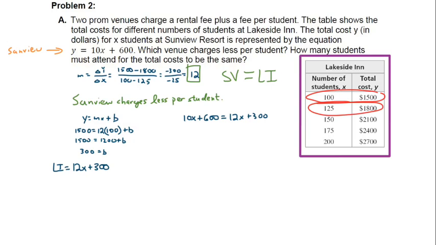I like to keep my x's positive, so I'll move my x's right. Subtract the 10x, and subtract the 300. So that's 300 equals 2x, divide by 2, x equals 150.